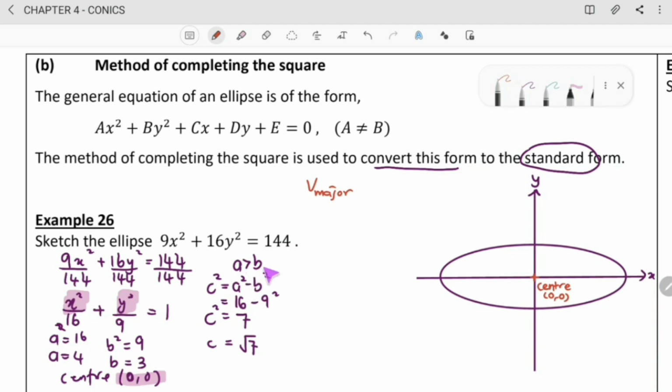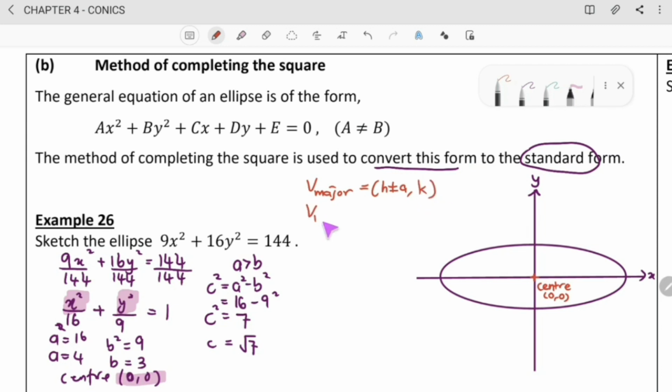Because we know that a is greater than b, it is a horizontal ellipse, and the major vertices have the x coordinate changing, so it must be h plus minus a, and k.